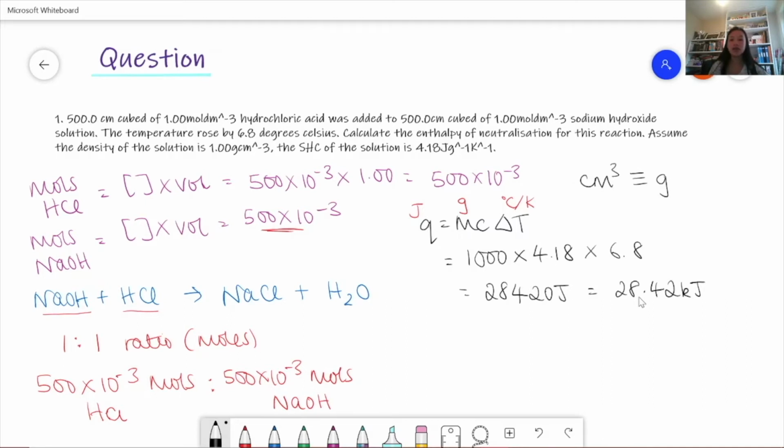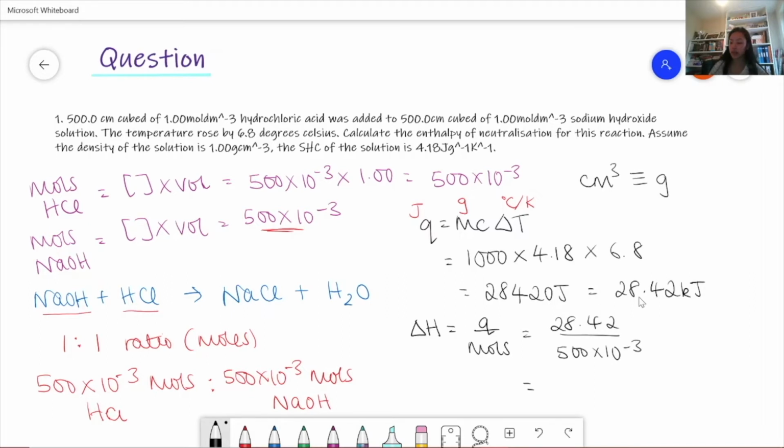And now to find the enthalpy of neutralization, which is just the enthalpy change, we use delta H equals Q over moles. So here for the moles, it actually doesn't matter which moles we use because we use the same amount of both. So we do 28.42 divided by 500 times 10 to the -3.